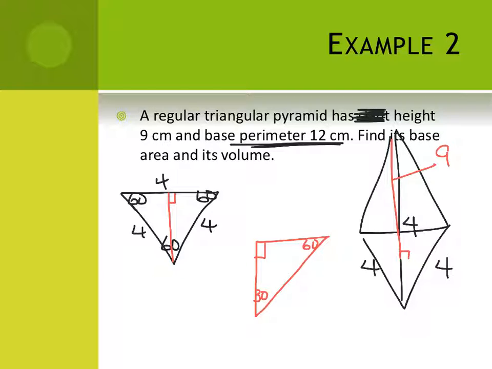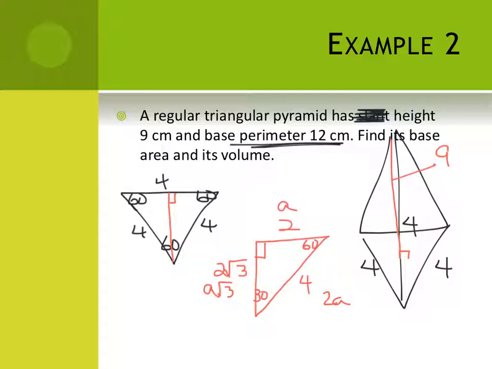Because I bisected the side length, this is 2. My hypotenuse here is still 4. And because it's a 30, 60, 90 right triangle, I know my altitude is going to be 2 radical 3. Because remember, this is A, this was 2A, and this is A radical 3.